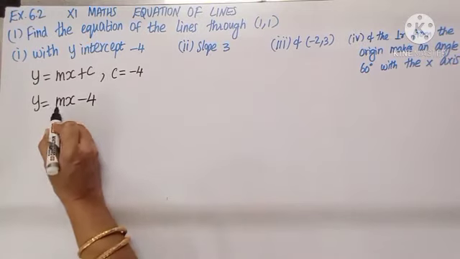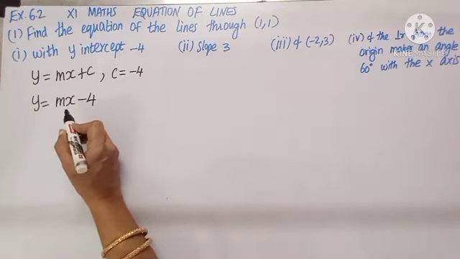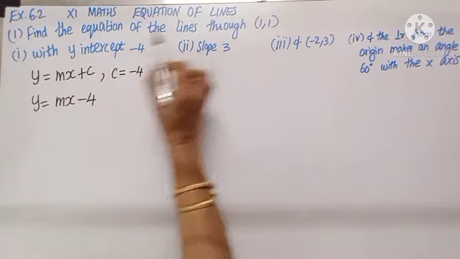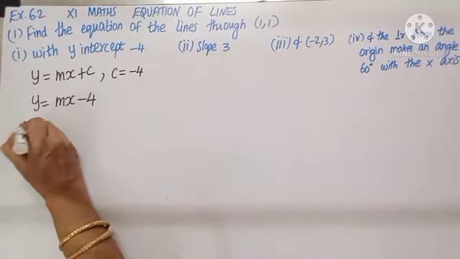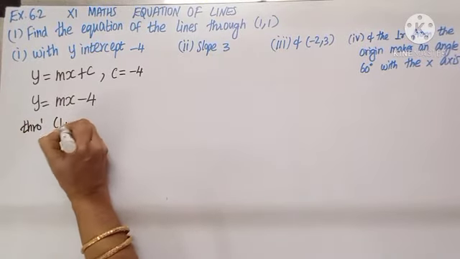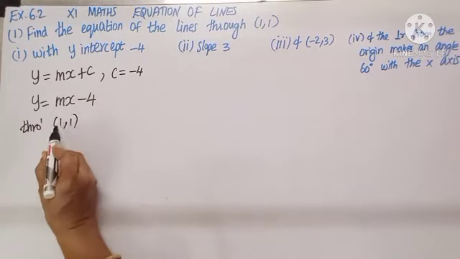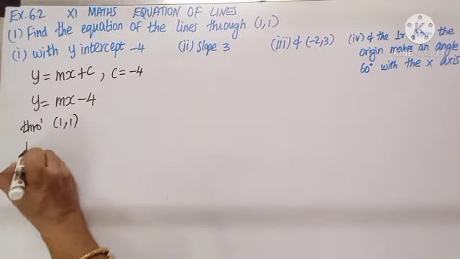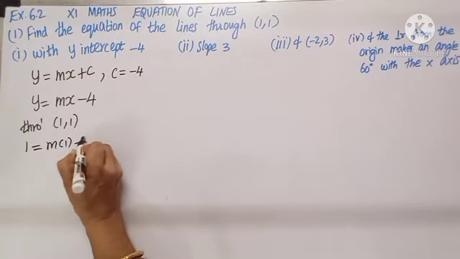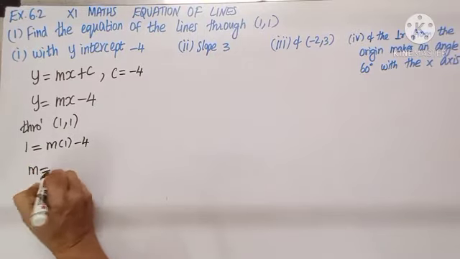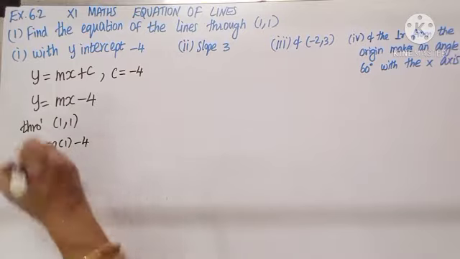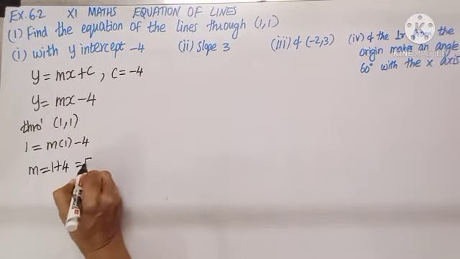How to find out m? Use the condition the line passes through (1, 1). When it is passing through (1, 1), we substitute x equal to 1, y equal to 1. As I substitute, we get m equals 1 plus 4, that is 5.